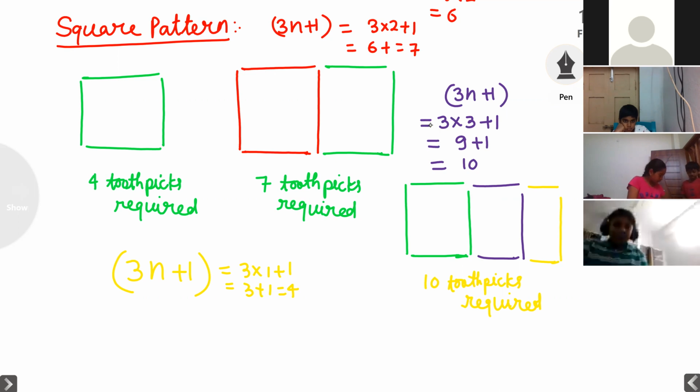What formula did we get here? 3n plus 1.